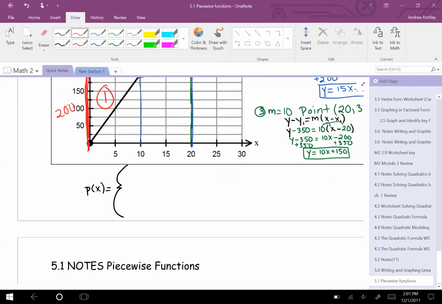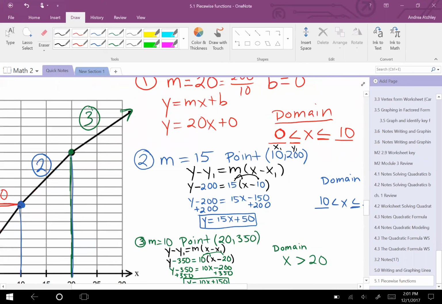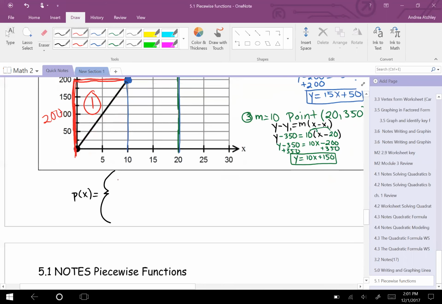We start with the very first equation that we wrote, the 20x plus 0. And we just need the 20x. I don't need to write in plus 0 because that's implied. So it's just 20x. Then you use a semicolon and write the domain.